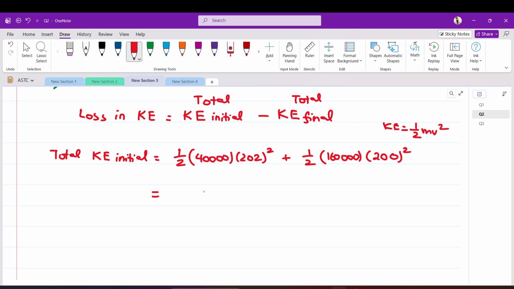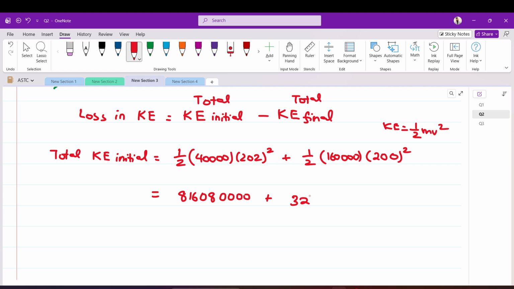All right, let me grab my calculator. That will be 202 whole squared, so this gives us 81608, and then we have four zeros, plus half into 160,000 times 200 whole squared. This gives us 3, 2, and then how many zeros are these?